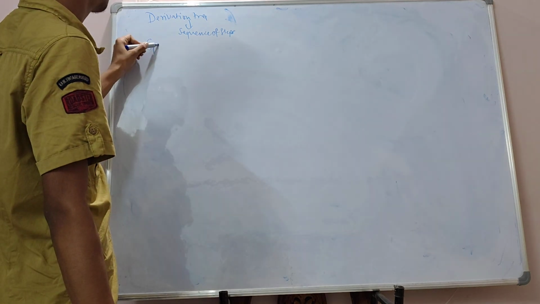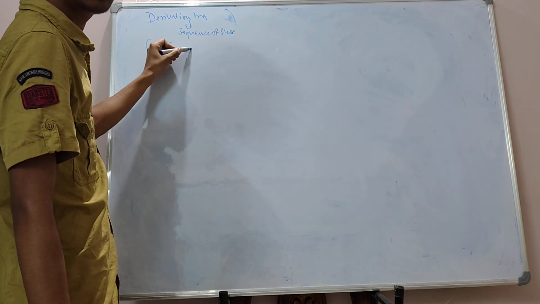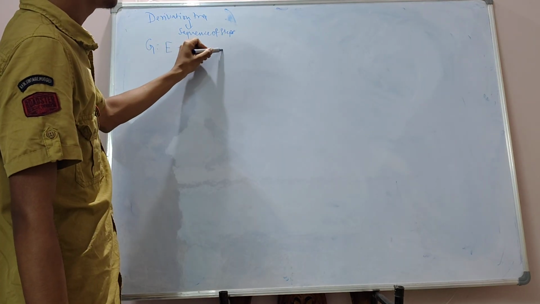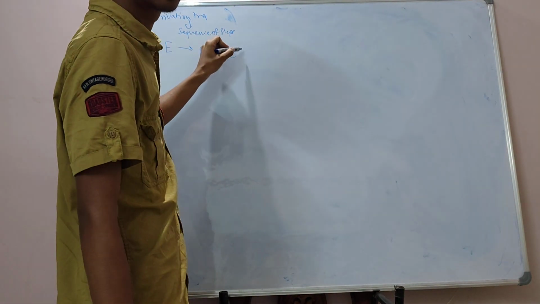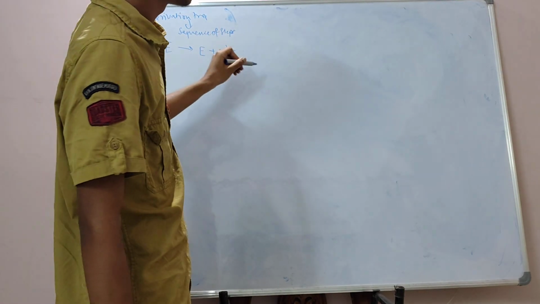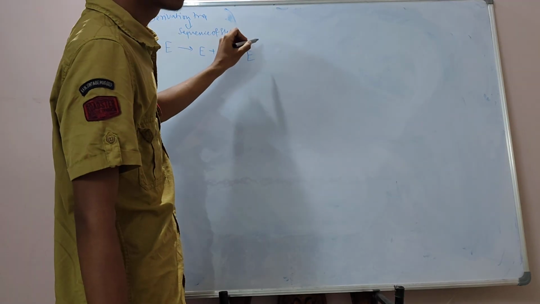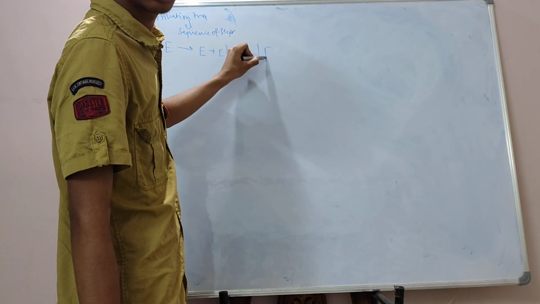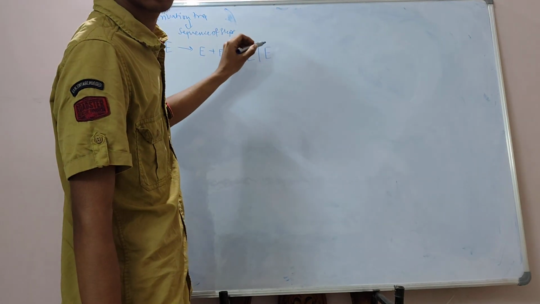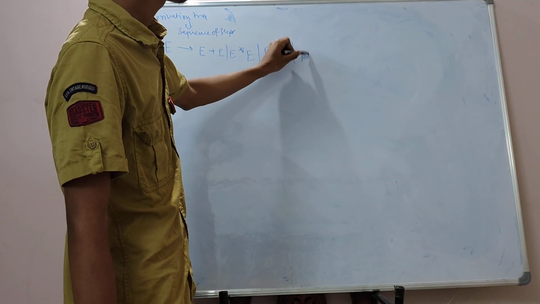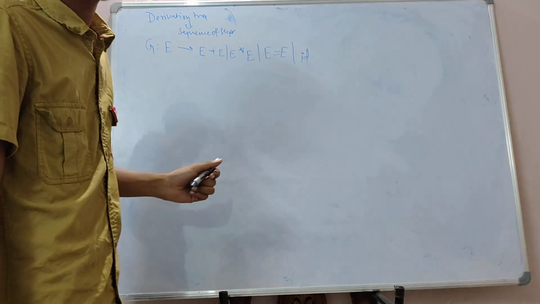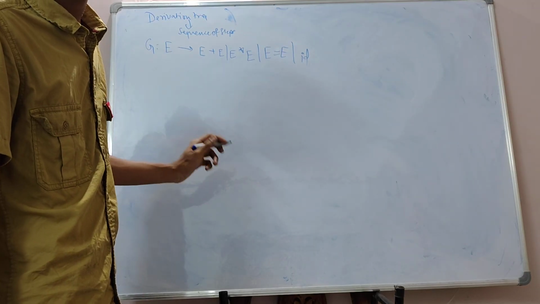Suppose I have a grammar given as E goes to E plus E, or E multiply E, or E is equal to E, and at last ID for termination. Now what are these?